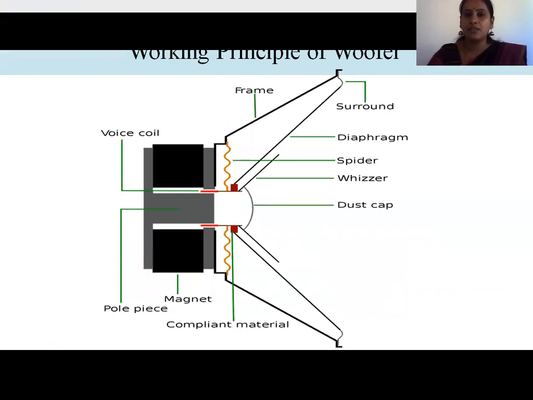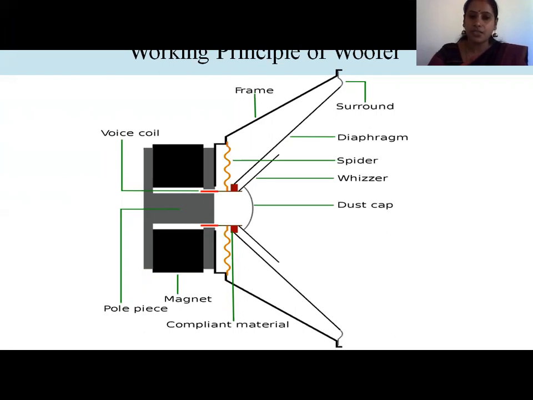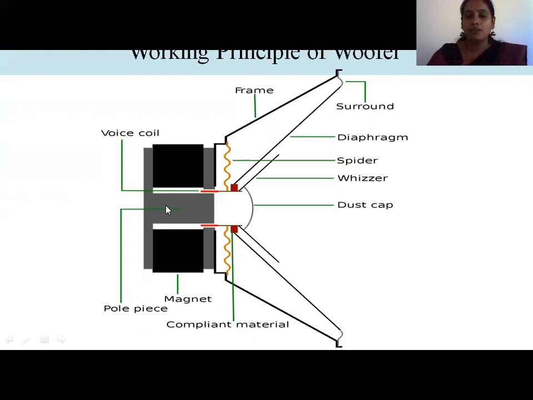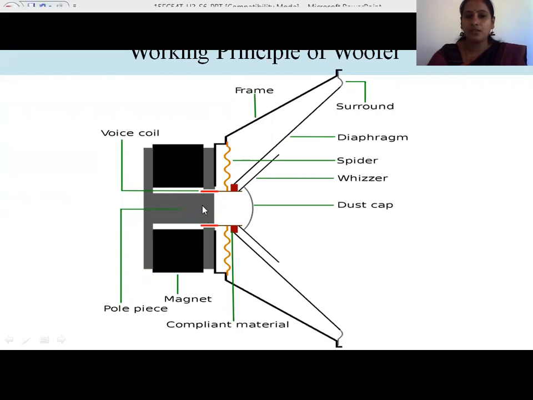This is the working principle of the woofer: how it is designed, how it is constructed, and how it works. To see the design, here we have two magnets, and in between we have a voice coil. The light shaded part is a cabin, a supporting structure, and the black part is a magnet.